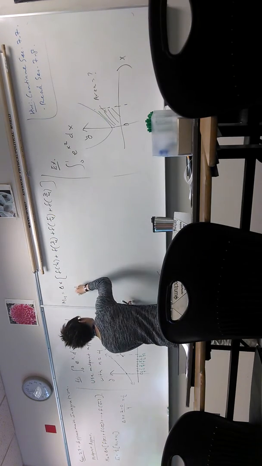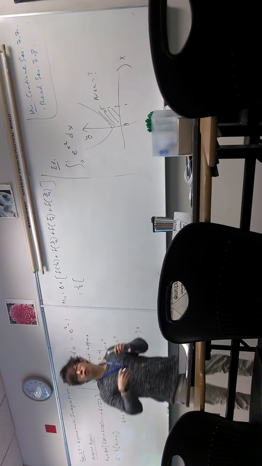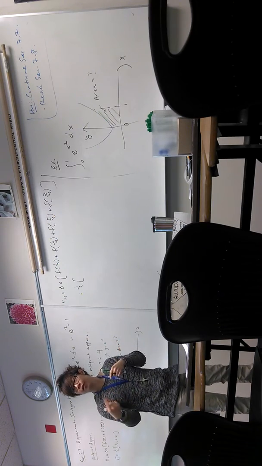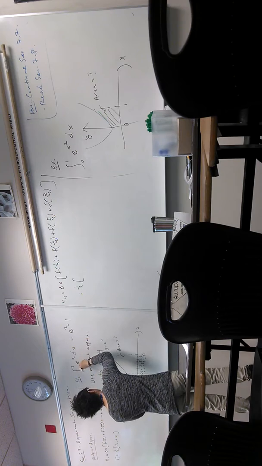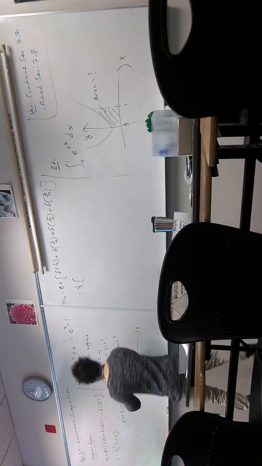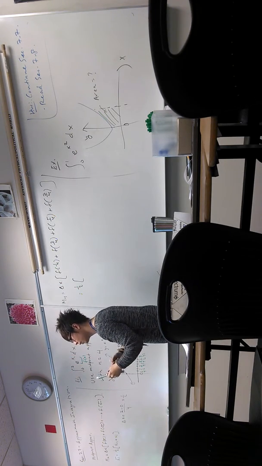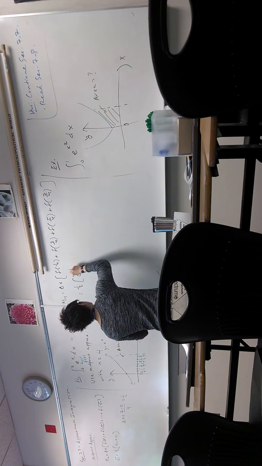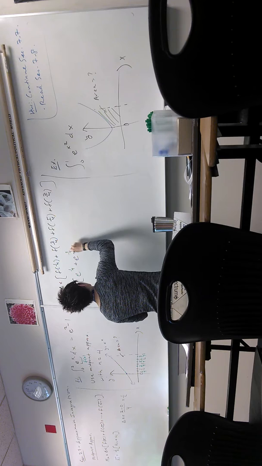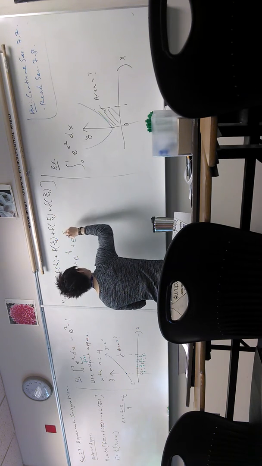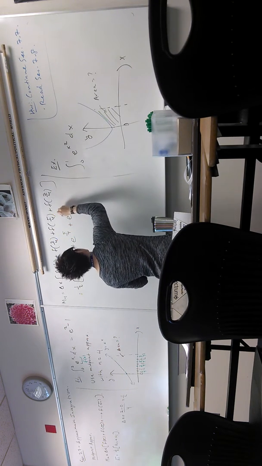To do 1/2. f of 1/4, we're going to plug 1/4 into our function. What's my function? This is f of x, right? So it's going to be e to the 1/4 plus e to the 3/4 plus e to the 5/4 plus e to the 7/4.